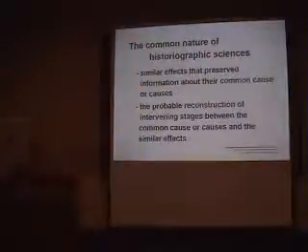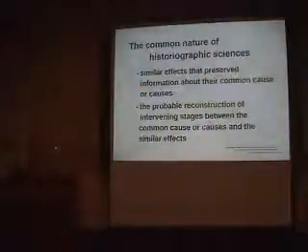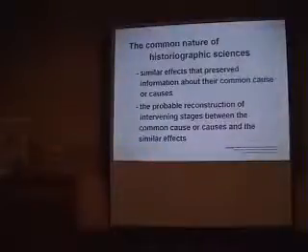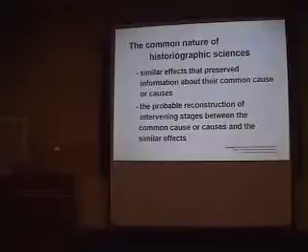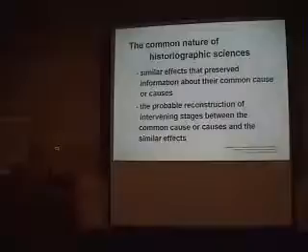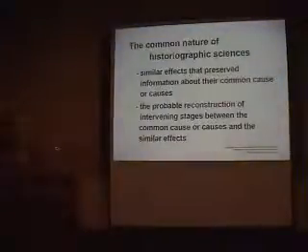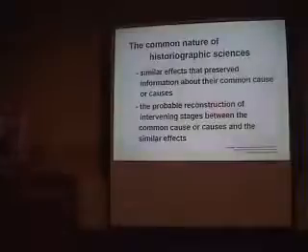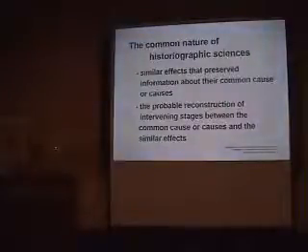The common nature of historiographic science is twofold. First, similar effects that preserve the information about the common cause or causes. So the first keyword is common cause. Next, the probable reconstruction of the intervening stages between common cause or causes and similar effects. So we have two keywords which characterize historiographic science.